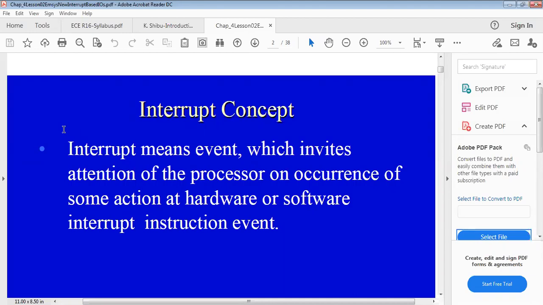How much time does it take in general? In comparison with our regular time, 45 minutes, compared to the microprocessor time, it is a very huge amount of time. It takes at least 30 seconds for that interrupt request acceptance and acknowledgement.